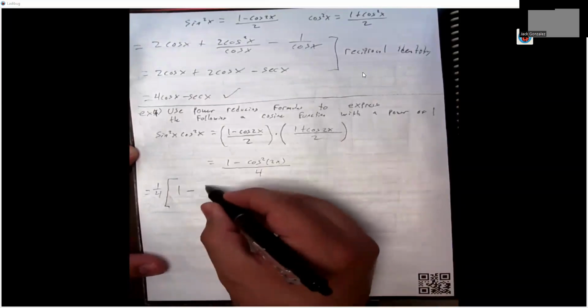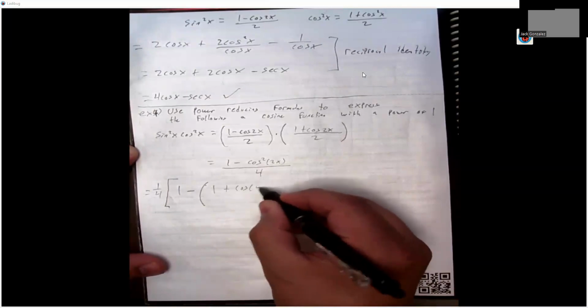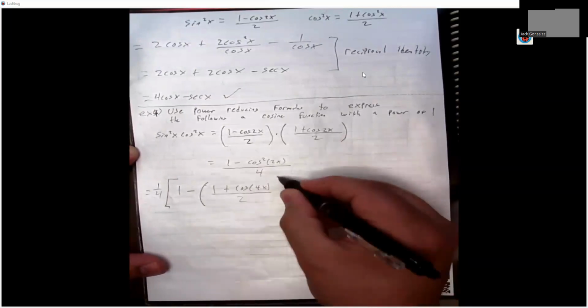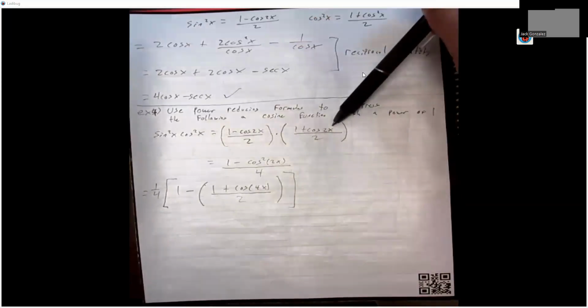So that will be 1 plus cosine 4x. That makes sense, right? Each time you reduce the power, you're doubling the angle. So look what happened to the cosine squared. We got a 2x. We did it again, 4x.